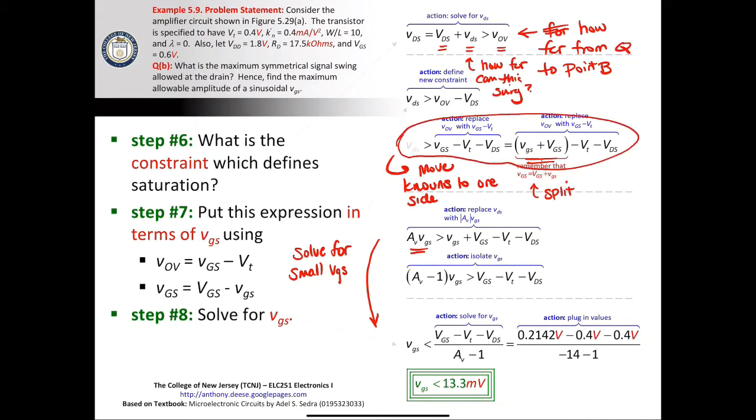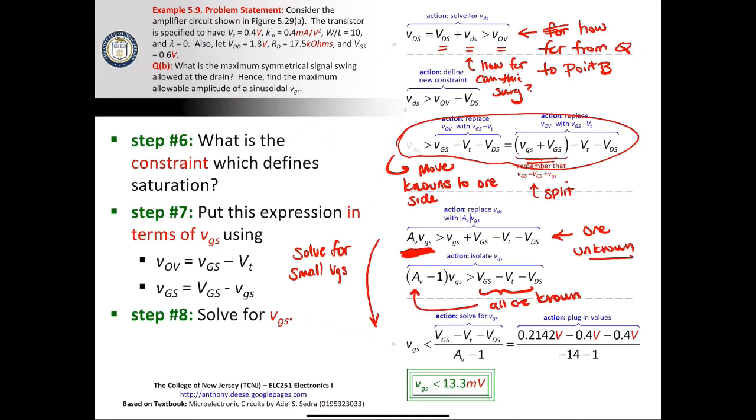Unfortunately, though, known, known, known, unknown, unknown. So we have two unknowns. In order to get rid of that, we're going to substitute in for small VDS with the gain times small VGS, and now we only have one unknown. This we calculated before. These are both unknown, but they're the same value. Known, known, known. Right? So we can use algebra in order to solve for little vgs.